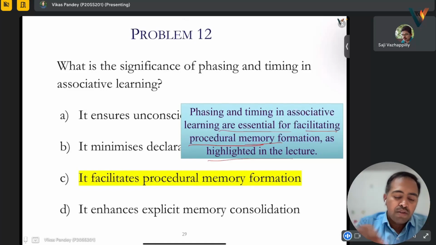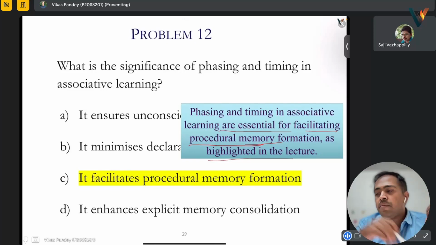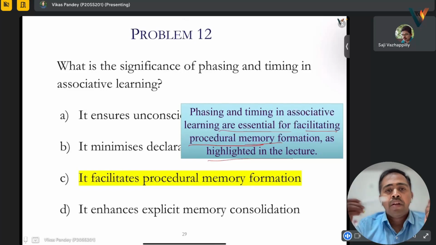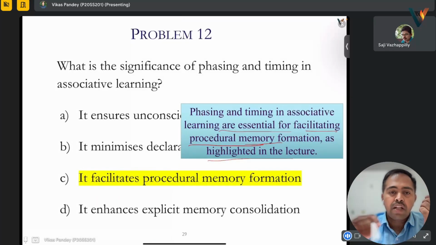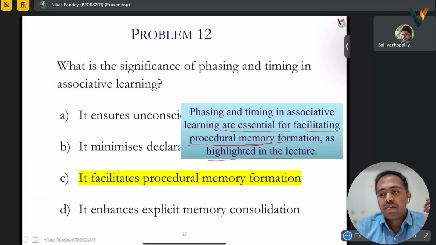You have learned that you have to stir it for 10 times, and then put some ingredient. Later on, there is some association, so you are not counting, but automatically you stir it 10 times and your hand goes to take the ingredient. This happens, right?